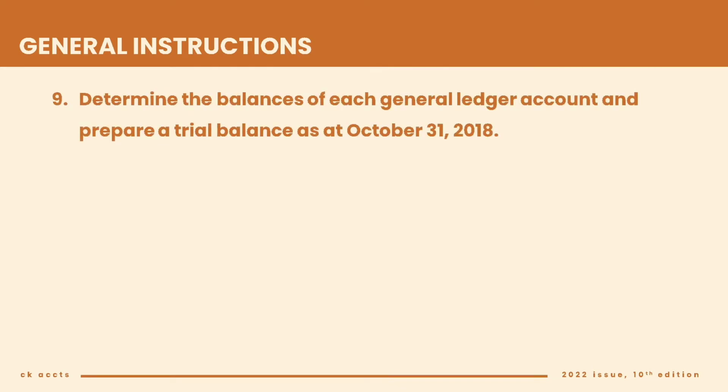Okay, so number 9, determine the balances of each general ledger account and prepare a trial balance as at October 31, 2018. Of course, pang-ilan ba yung step ng ating accounting cycle, di ba? Yan ay, una, analyzing business transactions, pangalawa, journal, pangatlo, ledger, pang-apat, trial balance.